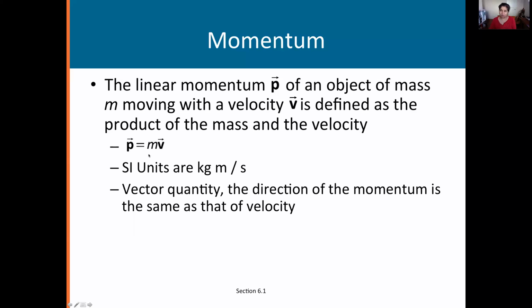Since mass is a scalar quantity, all it does is change the magnitude of that vector, v, right? But it doesn't change the direction, since mass can never be negative, so it's always in the same direction exactly. The units for momentum, you can simply multiply the units for these two. So mass is in kilograms, velocity in meters per second. So kg meters per second is the unit here.